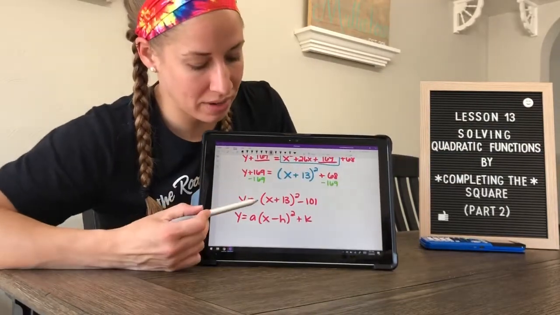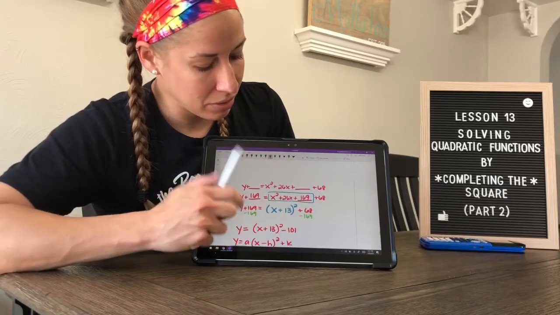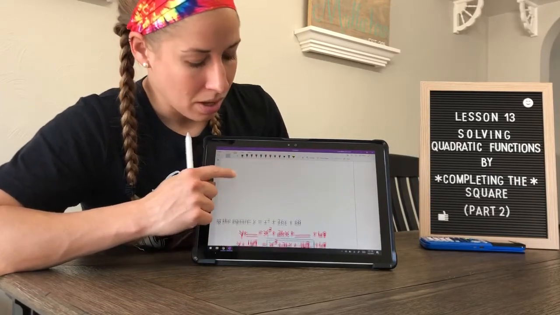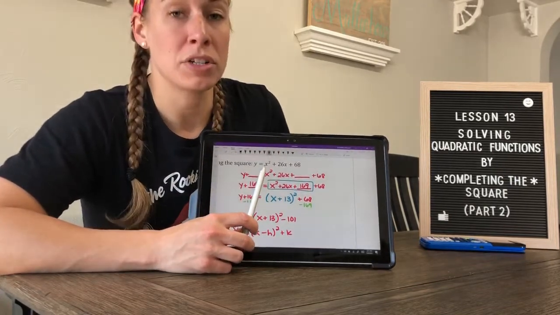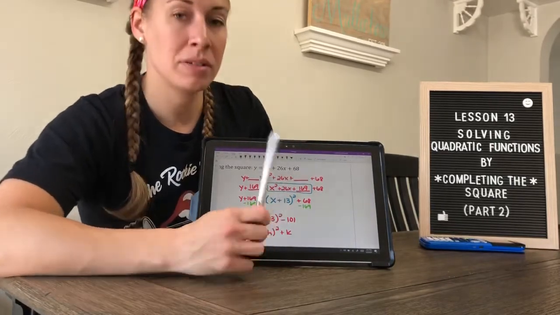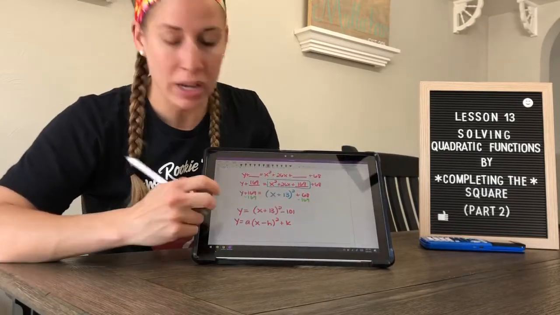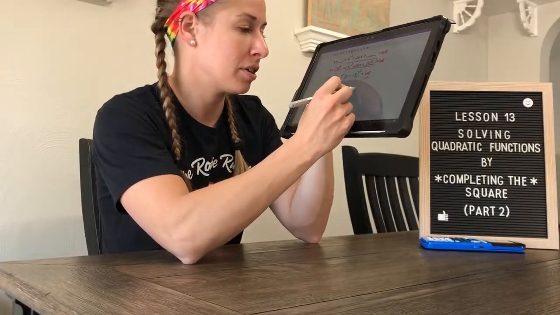We just don't have an a value. You might have an a value if your leading coefficient was not 1. So if you had to divide by a certain value to make your leading coefficient 1 so that you could complete the square, then you might have an a value. But in neither of these will you have an a value. So there's your answer for that.